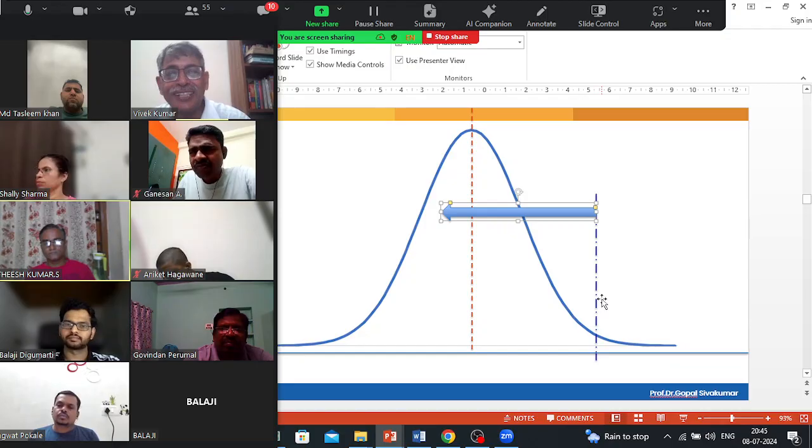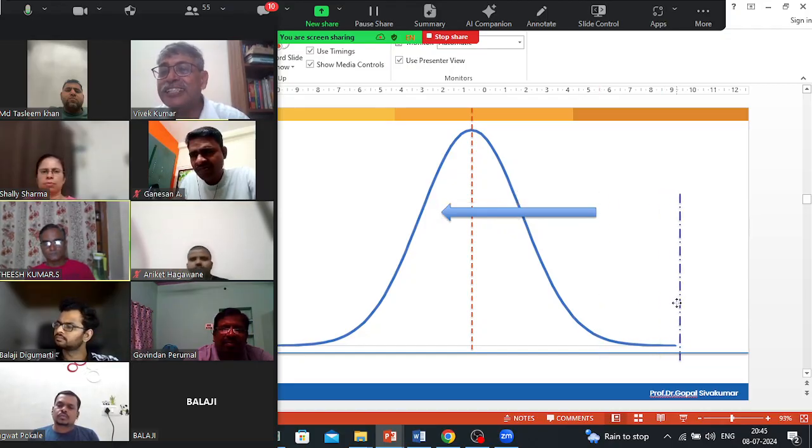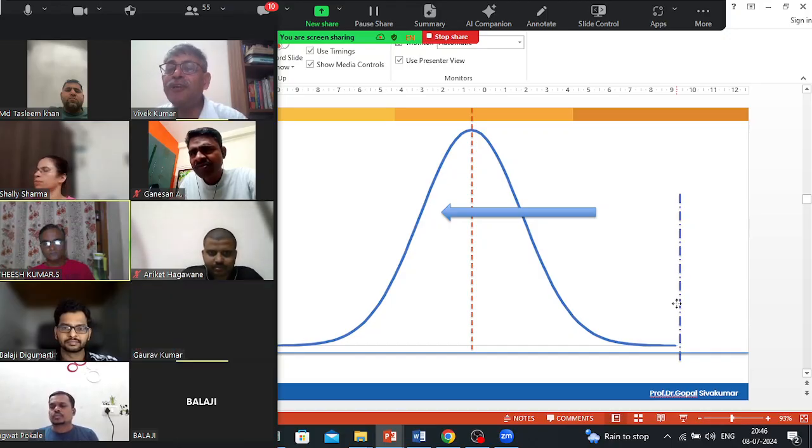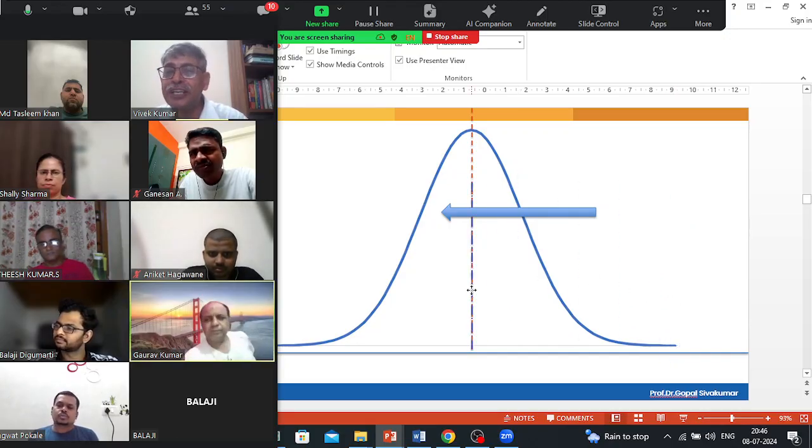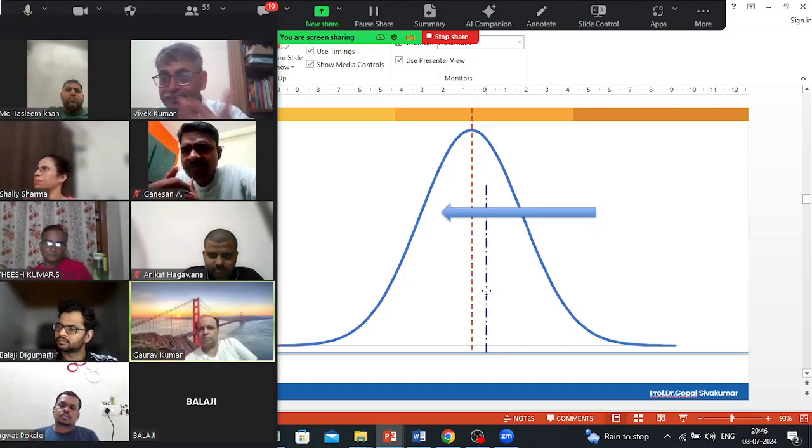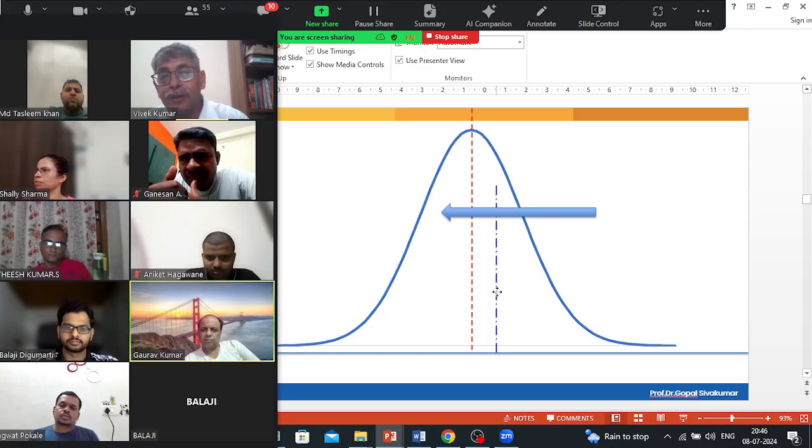I have drawn this line, let's say, 3 standard deviations away. What is the Z value? 3. Confusing? This is 0 standard deviation away. This is 0.5 standard deviation. What is the Z value? 0.5.